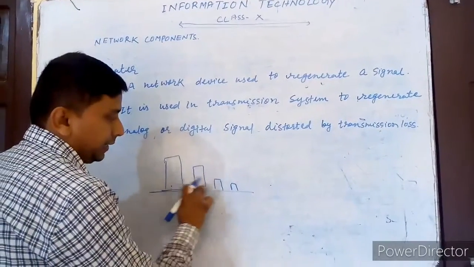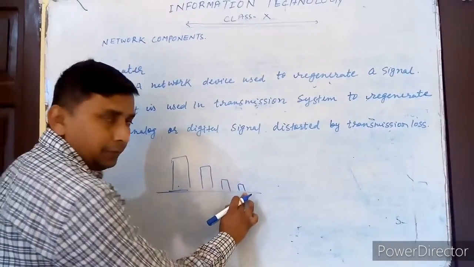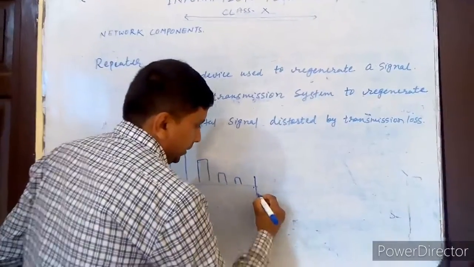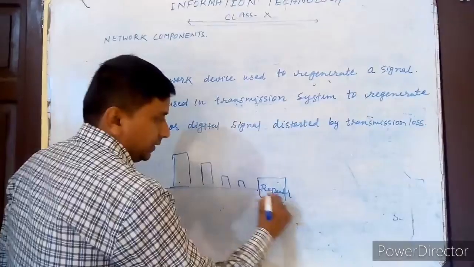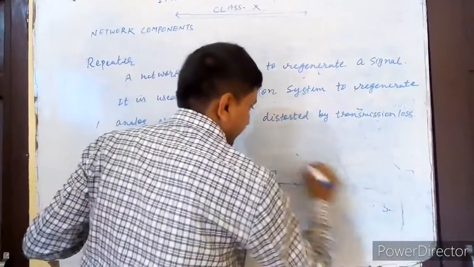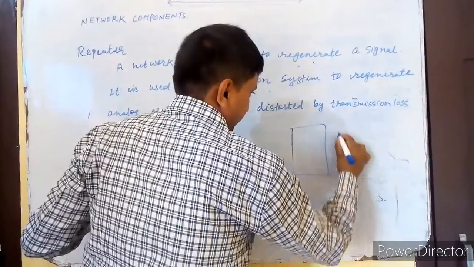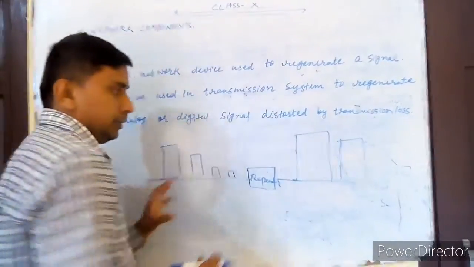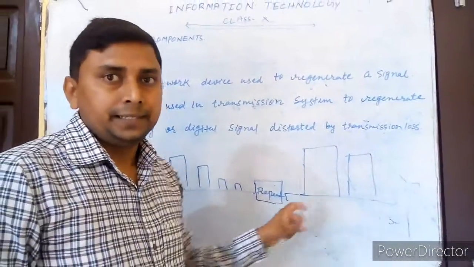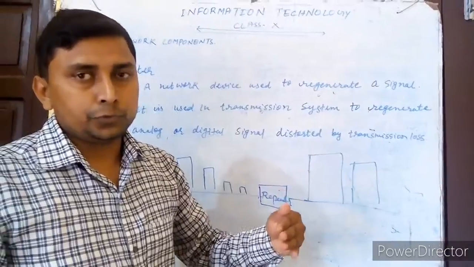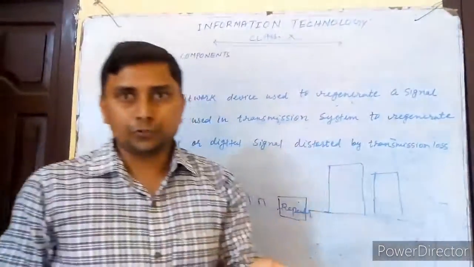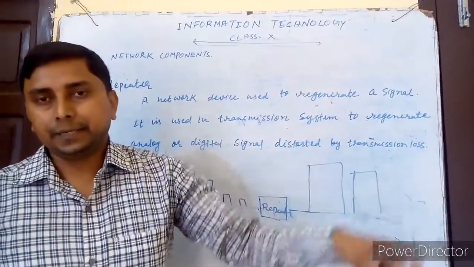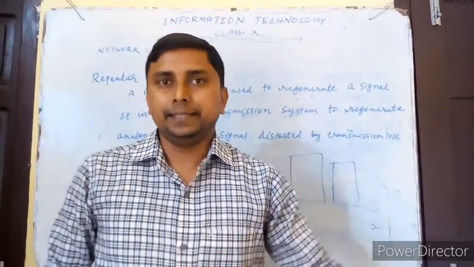We send this signal, and after transmission to here the signal will be lost. Now a repeater is established, and the signal will be recharged again. So when we transmit data, we should know after how much distance the signal will be lost. In that place we use the repeater to reboost and regenerate the data.